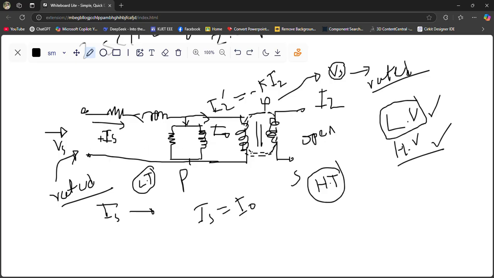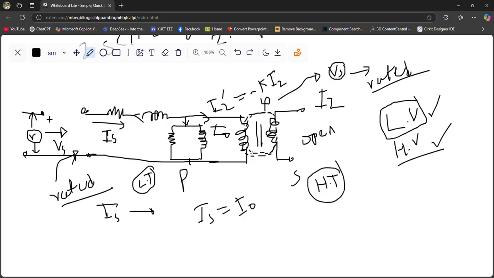Now we have to add the measuring devices. First of all, we have to measure the supply voltage with a voltmeter.